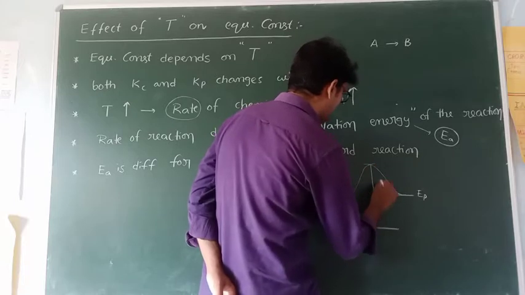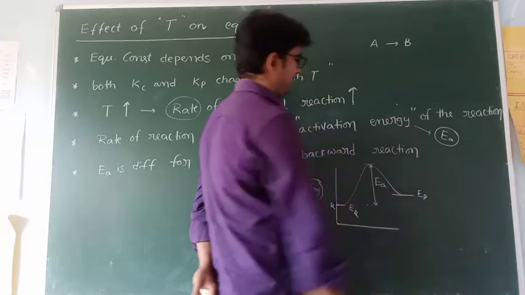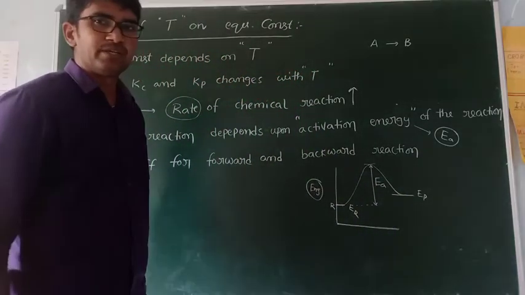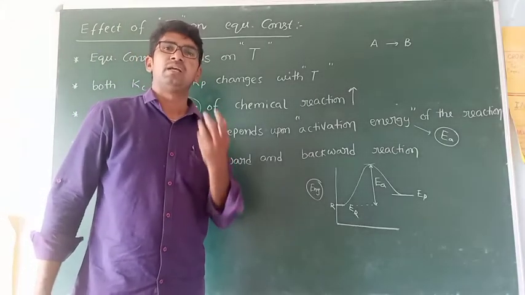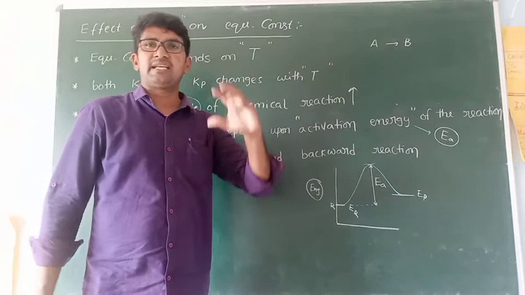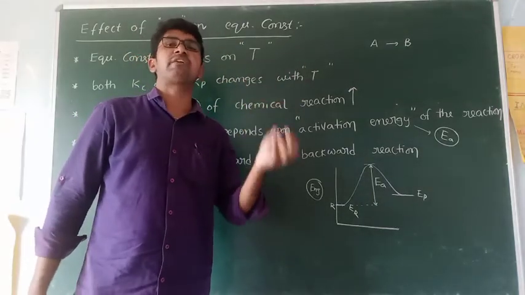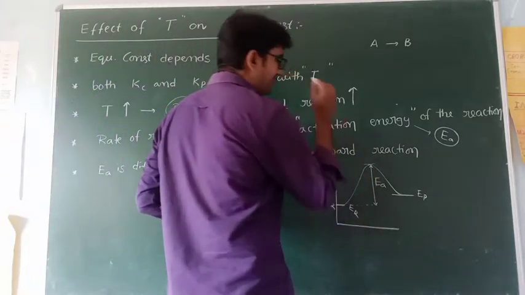This margin is called activation energy. So activation energy means the energy required to convert the reactants into products for some collisions. The collisions require some energy. So this margin is called activation energy.